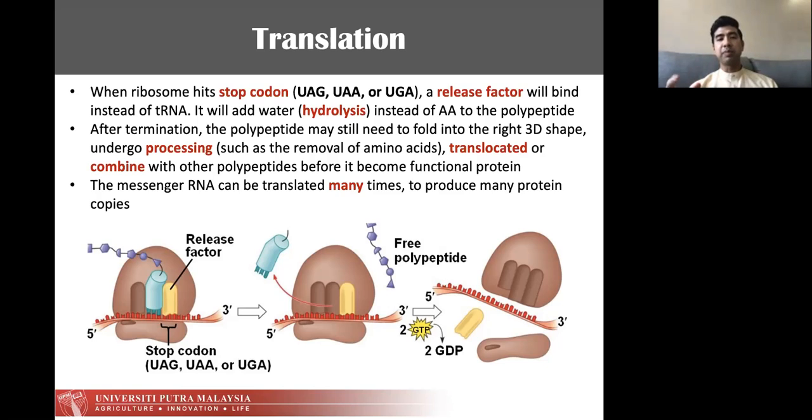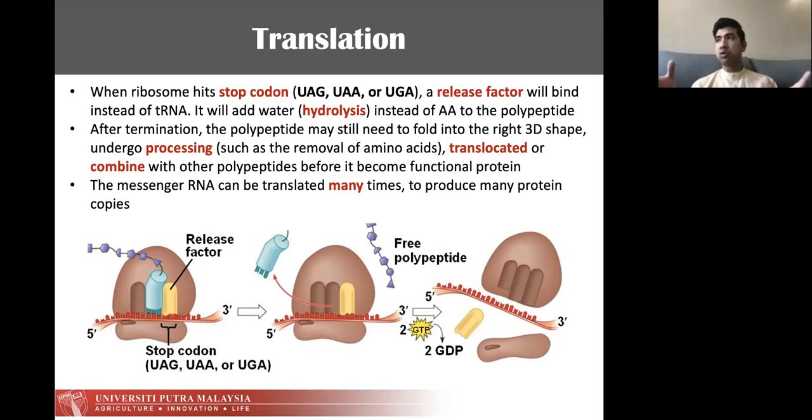For example, take your insulin case. The moment we consume glucose or sugars, insulin will continuously be produced to convert the excess sugars into glycogen. So the moment your glucose is finished, no more, enough, no need to produce insulin anymore, right?